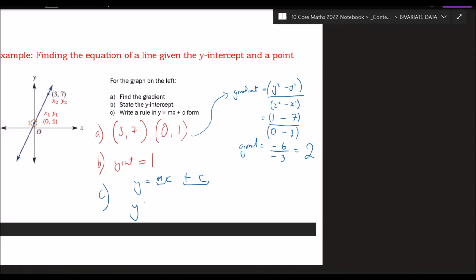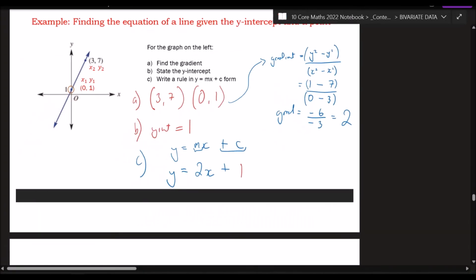So your formula should be y equals 2x plus 1, because my gradient is 2, that's what I change for m, and the y-intercept is 1, which goes there. Those are the two things you're changing in the formula. Does that make sense? Not hard. You're looking for a gradient and y-intercept, that's it.